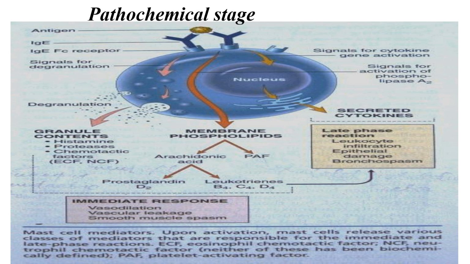And if the membrane of the mast cell is disordered, under the influence of the enzyme arachidonic acid and PAF are formed, which activate platelets, and prostaglandin D2 and leukotrienes B4, C4, and D4 are secreted. These mediators influence organs and systems and may form vasodilation, vascular leakage, and smooth muscle spasm.